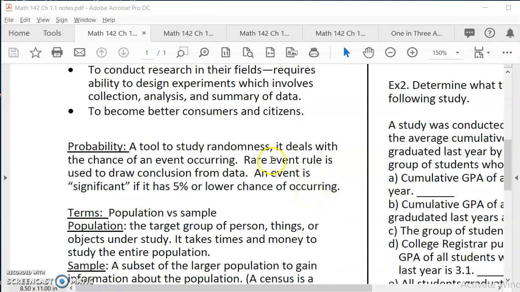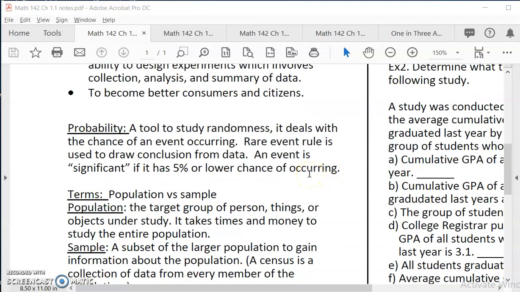This course is called Introductory Statistics as well as Probability. So what does probability have to do with statistical study? There is a particular rule in probability that we use in statistics that helps us make conclusions or understand whether a particular event is significant or not.